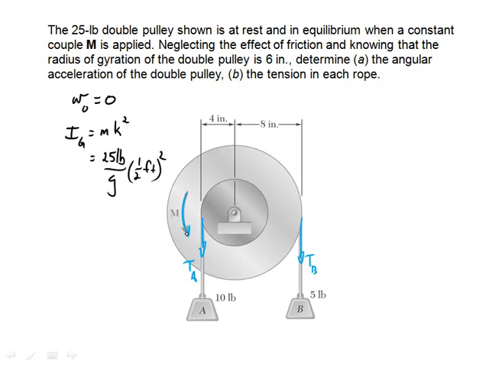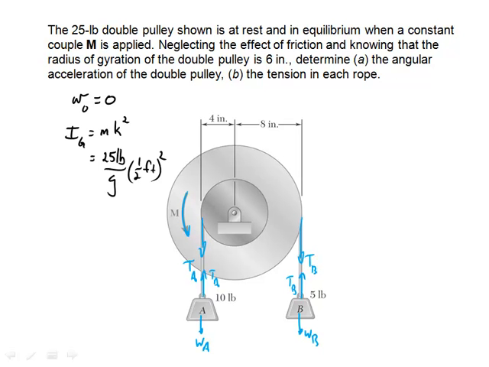And then there's a moment being applied around here. As I look at A, there's going to be a T sub A up and a W sub A down. And as I look at B, there's going to be a T sub B up and a W sub B down. If I define those forces, T sub A is the tension due to the rope acting on the pulley, or acting on weight A. T sub B is the tension due to the rope acting on the pulley, or acting on weight B.